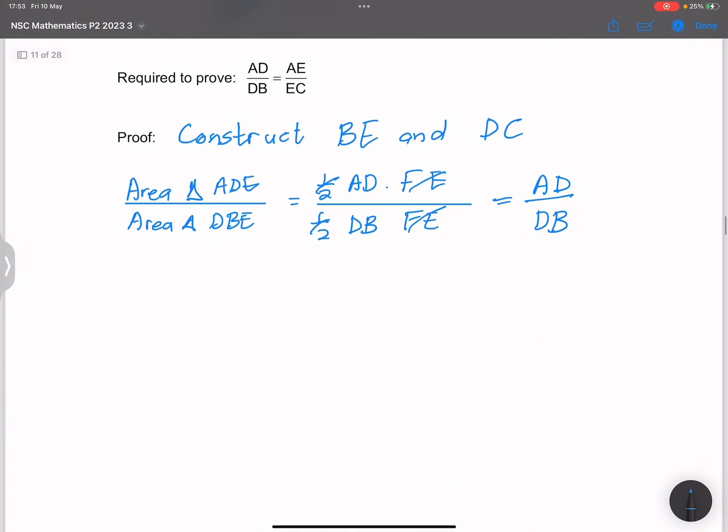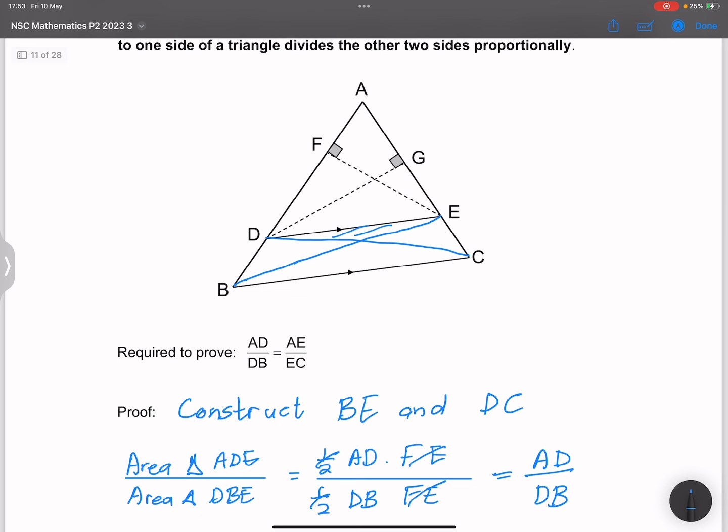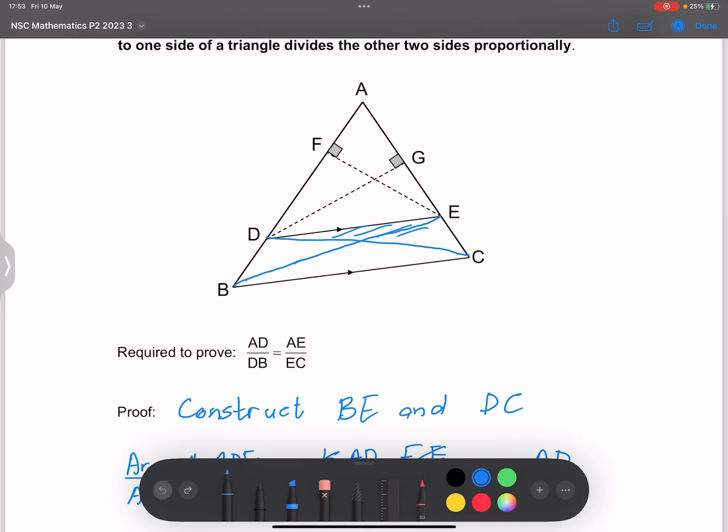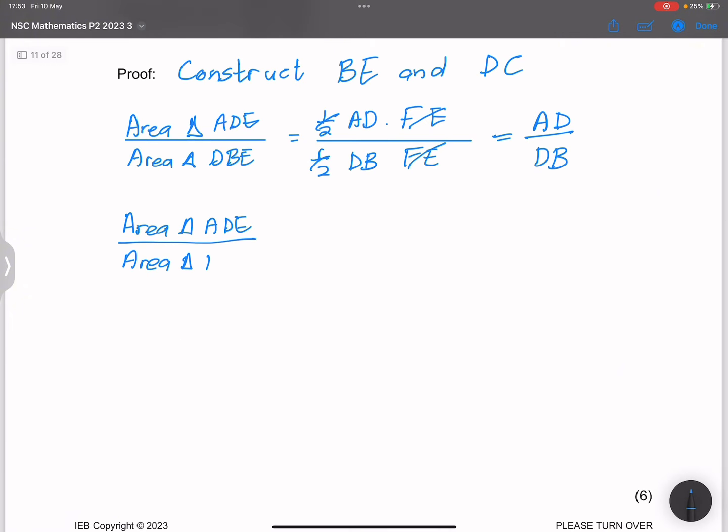I'm going to take the area of ADE again. So the area of triangle ADE over the area of the smaller triangle DEC this time around. So we're looking at this guy over here. Let me just undo that. So DEC, and now this is going to be half.